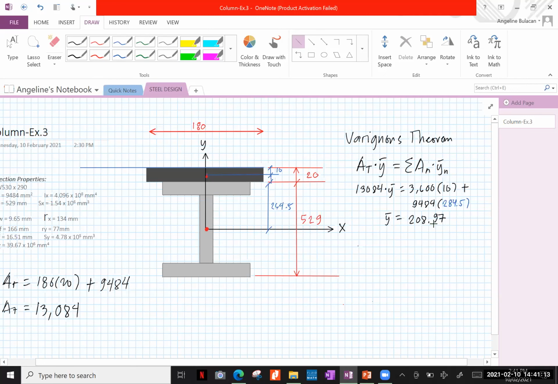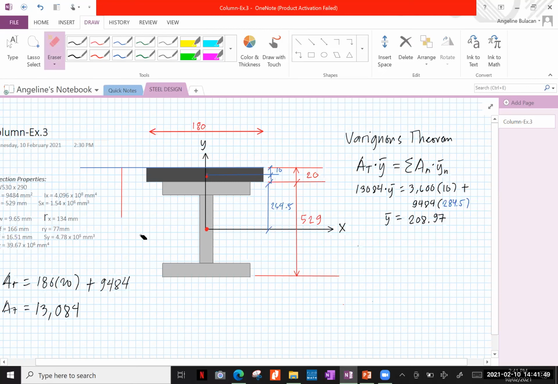So ang mangyayari is, from the reference point, we will write the 208.97, and that will be the location of the new centroid. Galing dito, kuha ka ng distance na 208.97.